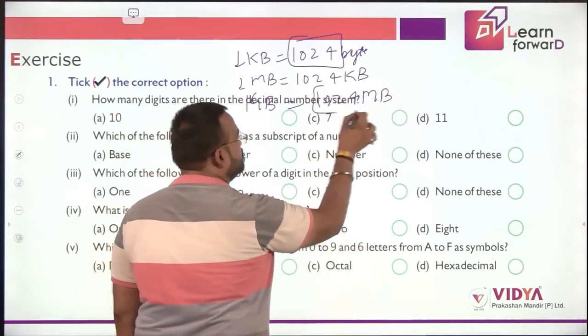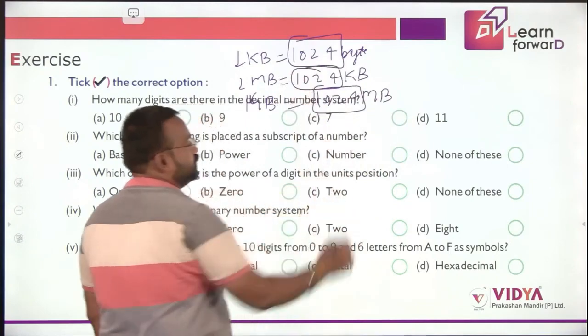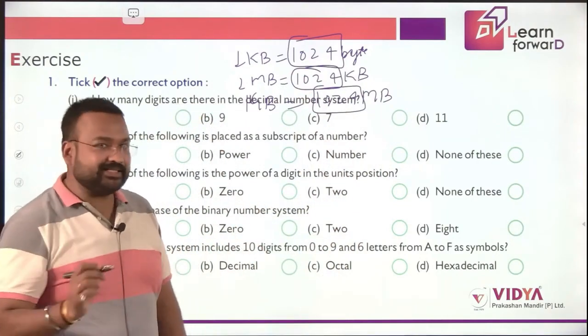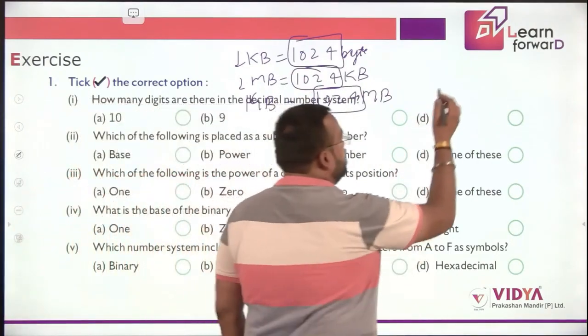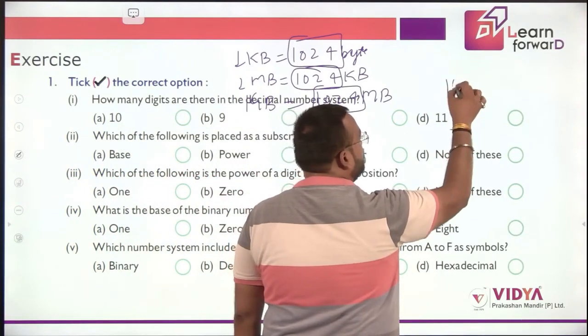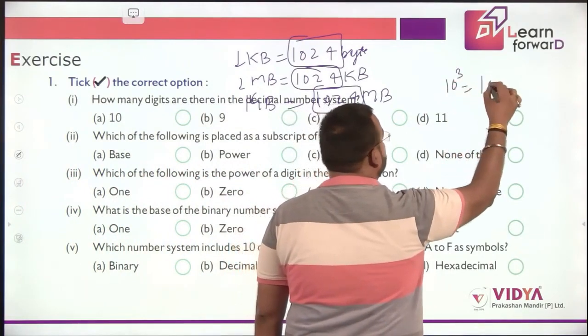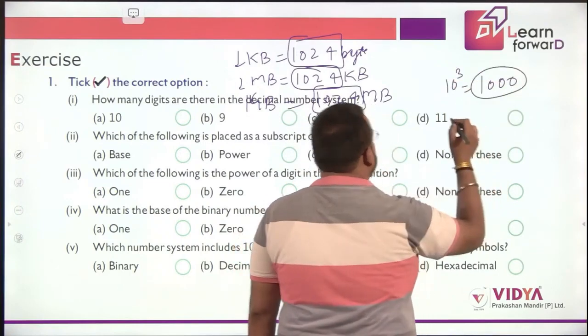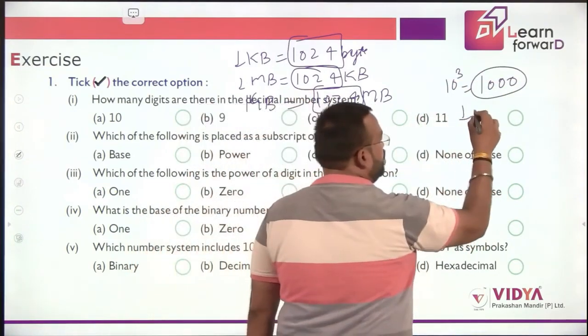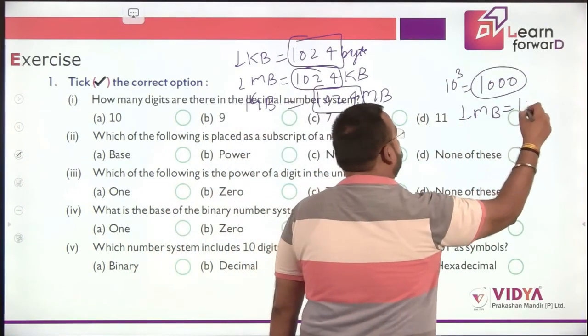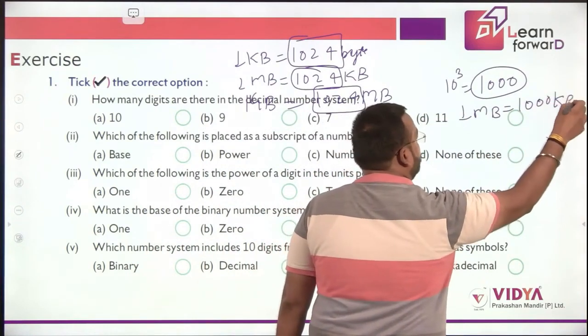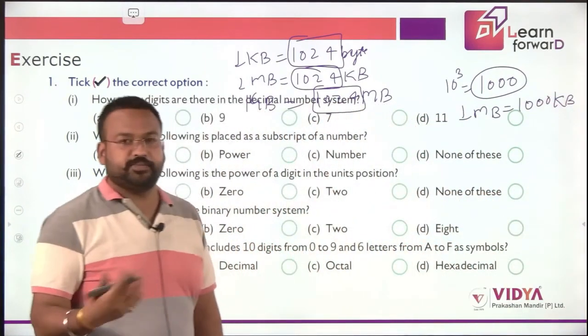So why is it only 1024? In the simple method, 1000 is represented by 10 to the power 3. So 1 MB should be equal to 1000 KB. That is what we generally represent.